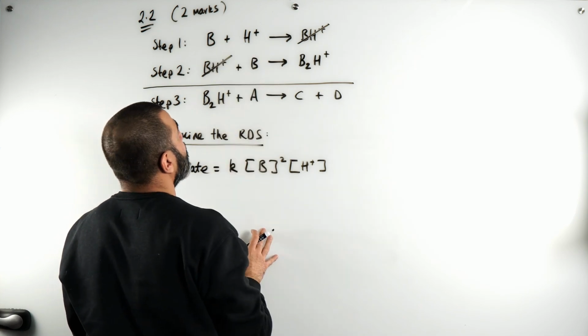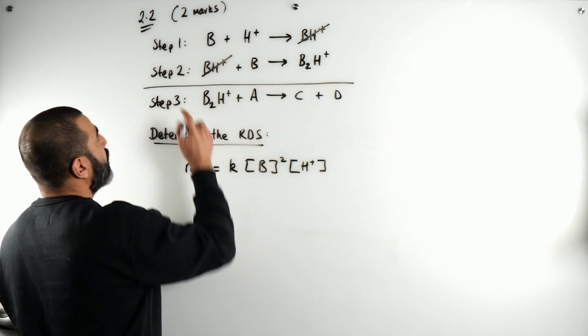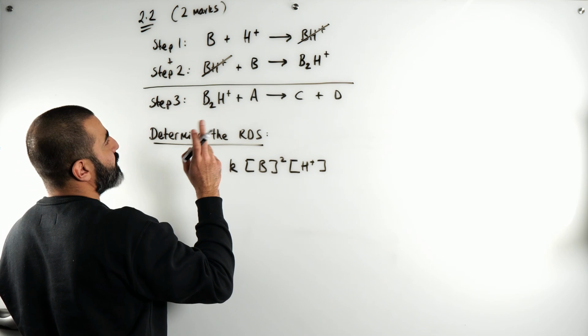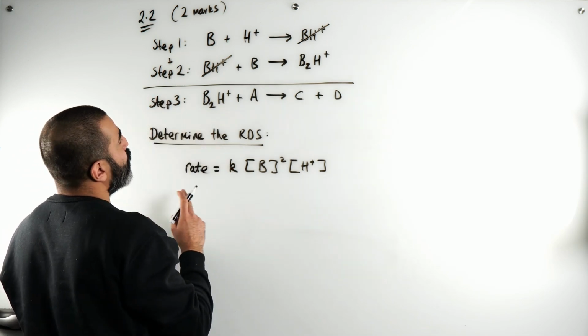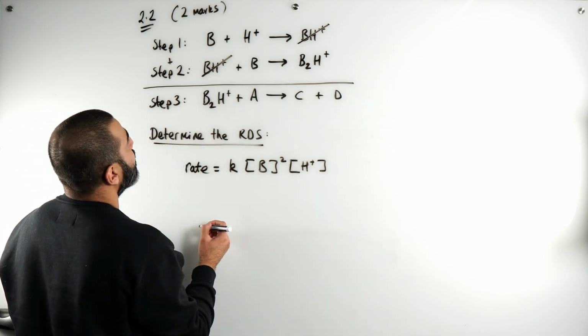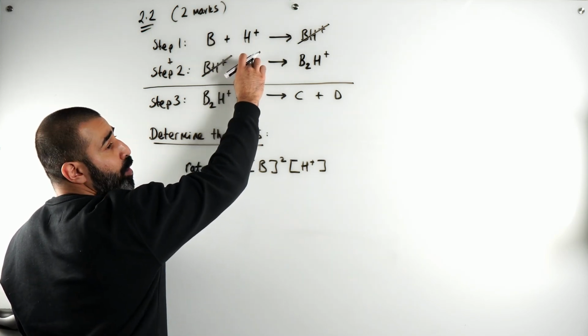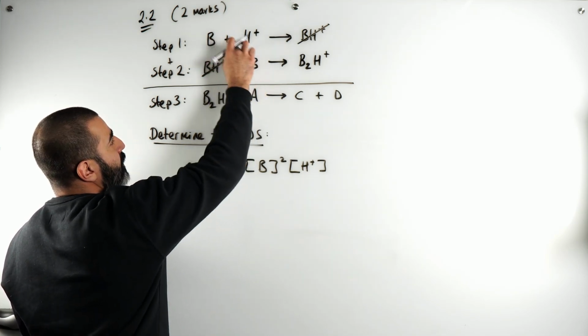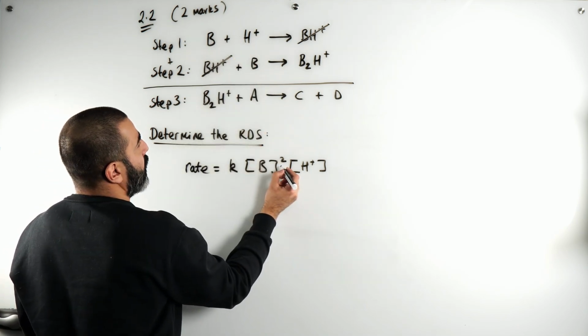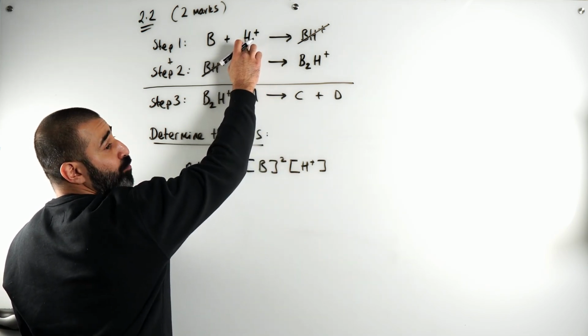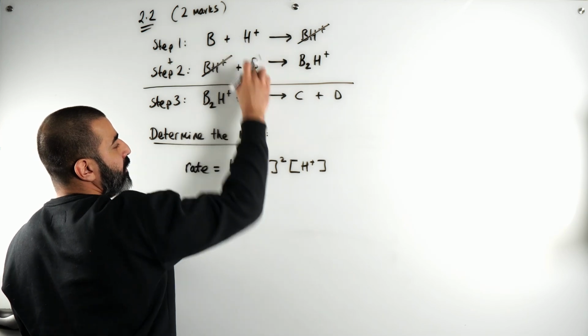Okay, so let's add up step 1 and step 2. If we add up step 1 and step 2, let's see what we get. Are we going to have 2 moles of B reacting? Yes, we are. So that's going to be B squared. Are we going to have 1 mole of the hydrogen ions reacting? Yes, we are.